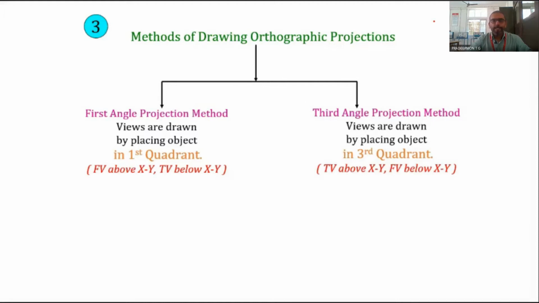And in our drawings, unless stated otherwise, we always go for the first angle projection method. We don't go for the third angle projection method. In the case of lines as well as points, we don't have to bother about first angle or third angle projection, since the actual position of the object will be given.